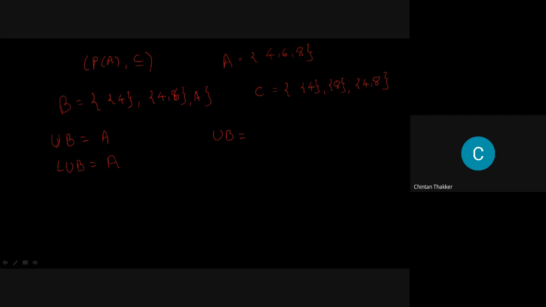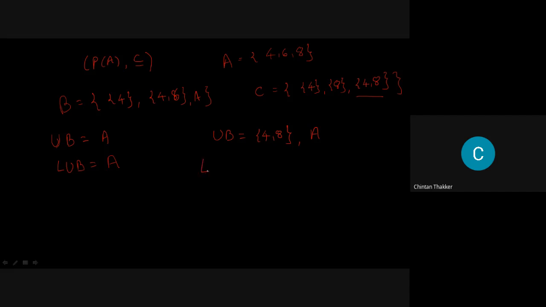So here {4, 8}. Here {4} is a subset of {4, 8}, {8} is a subset of {4, 8}, and {4, 8} itself is a subset of {4, 8}. So the upper bound is {4, 8}. Then these are all subsets of A, so A is also an upper bound.